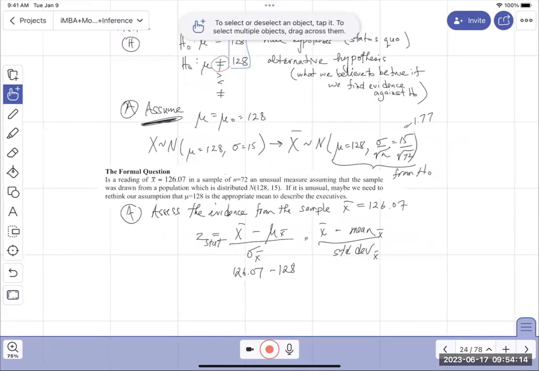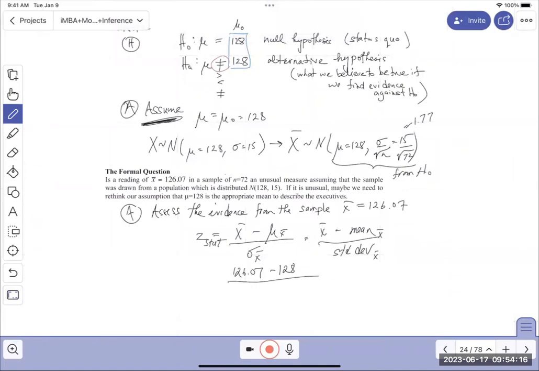Then divide by 1.77. And that's my z-stat. And what do I get? It's smaller, so it's going to be negative. How many standard deviations smaller?